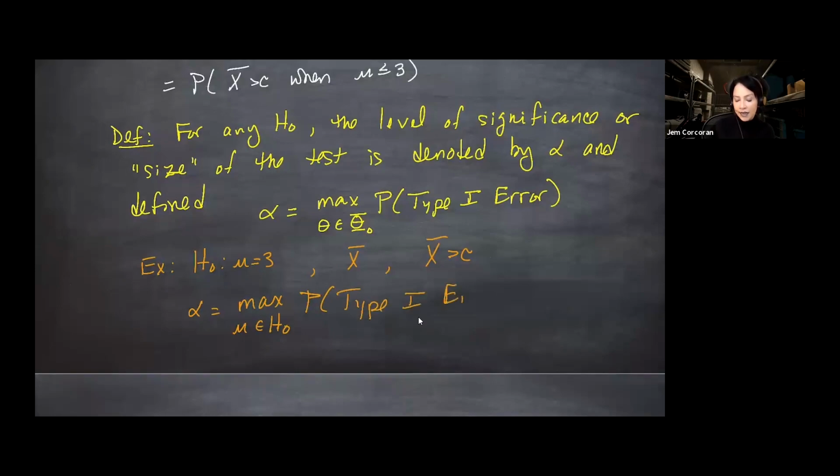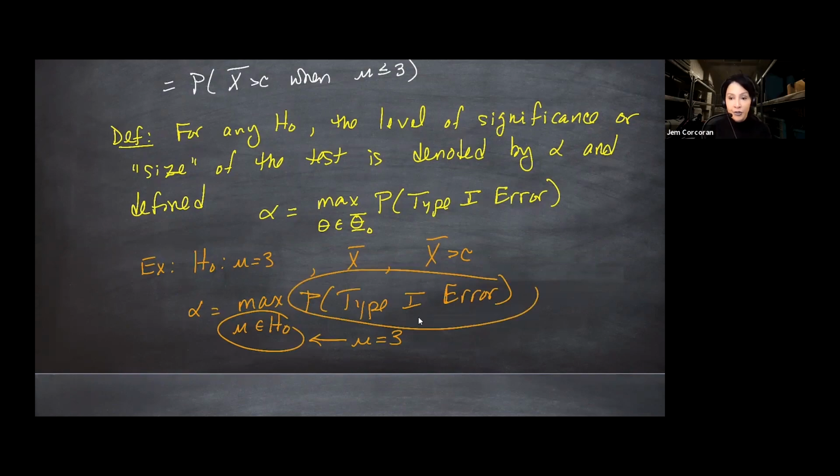The thing is that there's only one mu in there. This is just the singleton set, mu equals 3. So we're plugging mu equals 3 into the probability. We're not maxing it out over a bunch of mu's. But it does work with this definition.